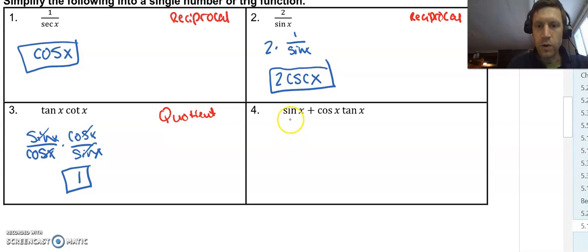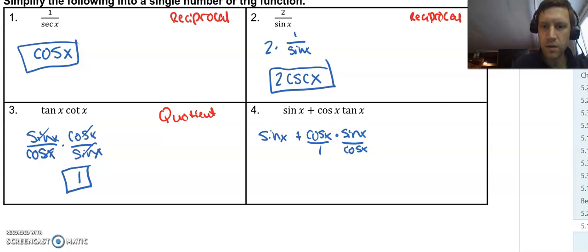All right, number 4, sine of x. Can't really do anything with that. Plus cosine of x times tangent of x. I know tangent of x is really sine of x over cosine of x. So that's using a quotient identity.